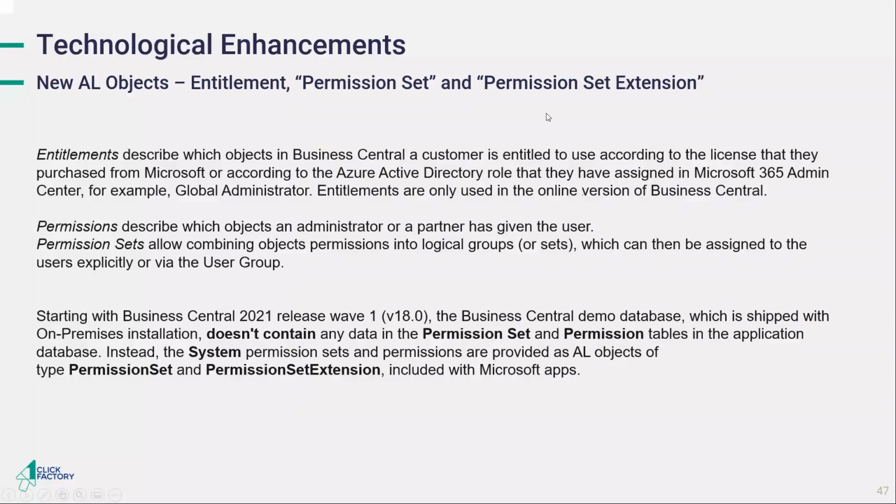And you can extend those permission sets if you had any changes, creating those changes in permission set extensions. But still, you can use the XML format or data as you used in earlier versions. Only standard permission sets were moved to new objects.